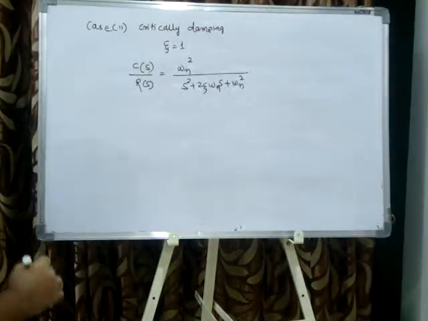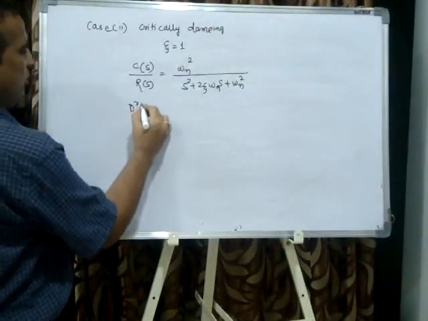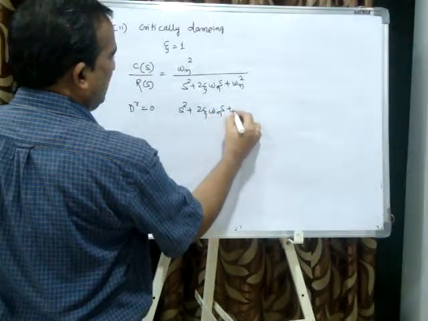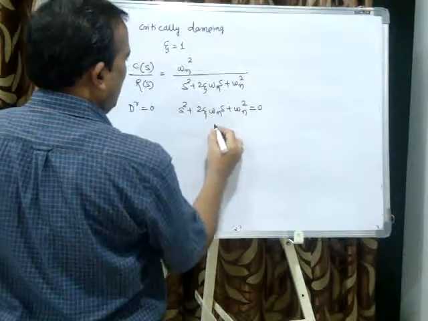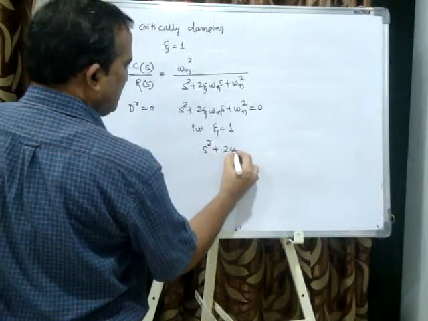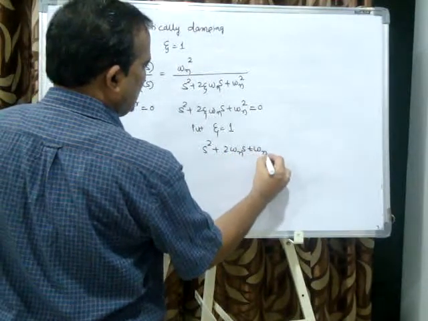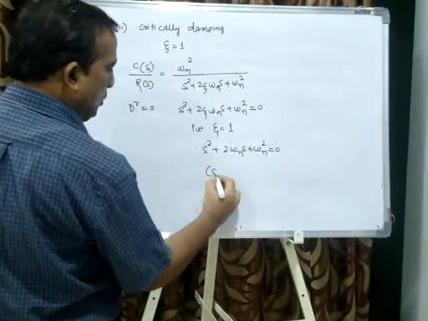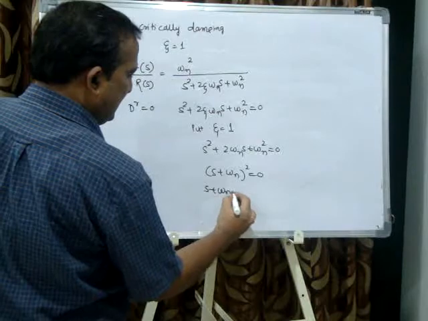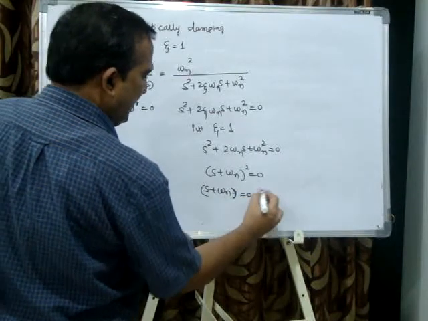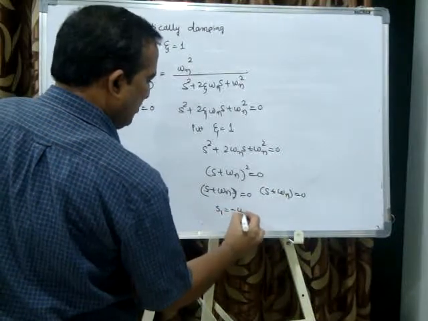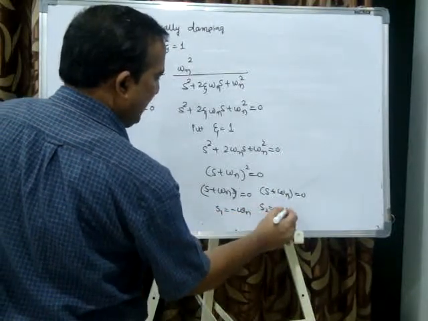And poles, how to get the poles? Denominator equal to 0, that is s squared plus 2 zeta omega n s plus omega n square is equal to 0. You put zeta equal to 1 because it is critical damping. S squared plus 2 omega n s plus omega n square is equal to 0. Once again you will get two roots, s plus omega n whole square, that is s plus omega n equal to 0. Now s1 is equal to minus omega n, s2 is minus omega n.